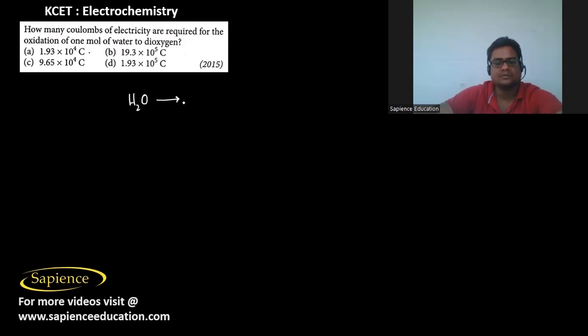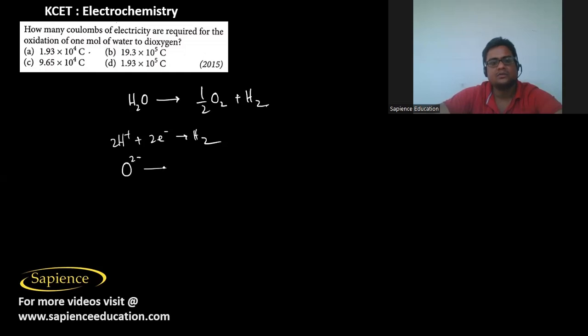H2O will be oxidized to 1 mole of dioxygen, so it will form half O2 plus H2. So here 2H plus should gain 2 electrons to form H2, and the oxide ion should lose 2 electrons to form half O2. So it means that 2 moles of electrons is required.